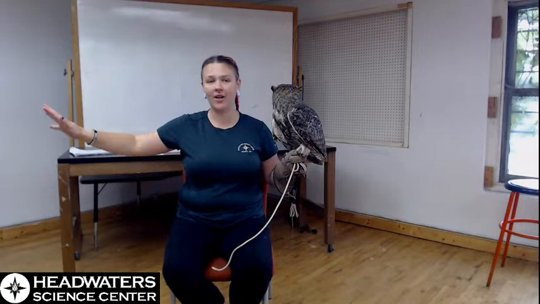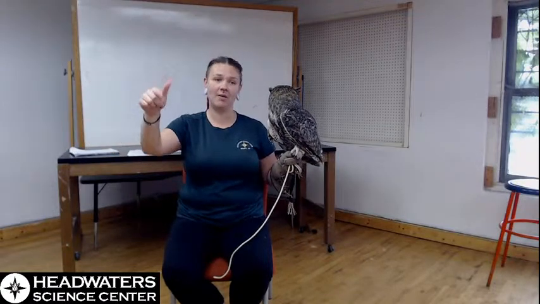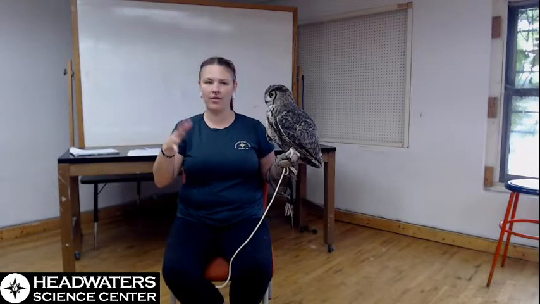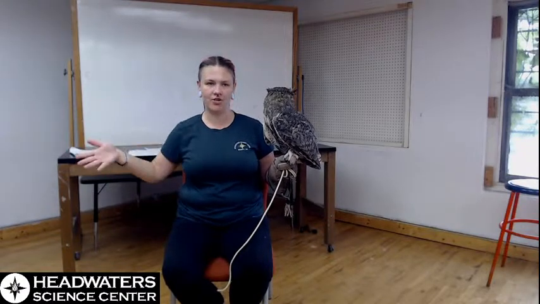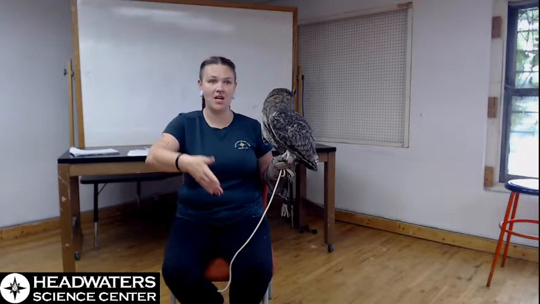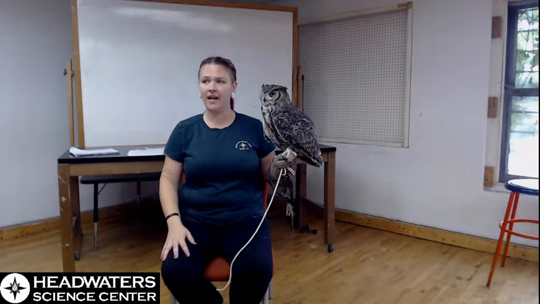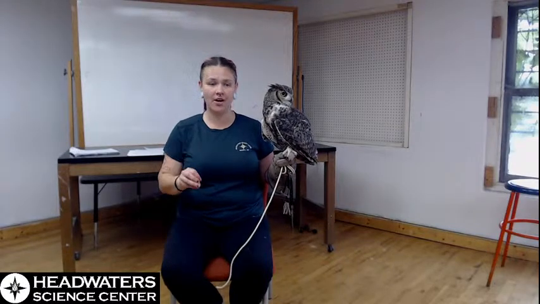So these are wild animals. Most of the animals that we have at the Science Center are what we call domesticated. That means they've been living with or around humans for many, many generations. Things like cows or bees or dogs. These guys are wild. And wild animals in general are pretty scared of humans.